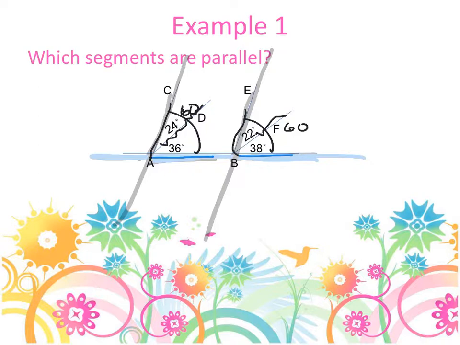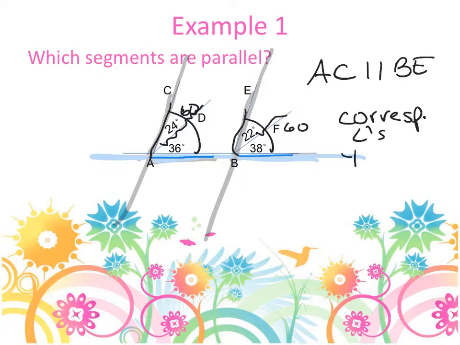So because I can find two corresponding angles that are congruent, I could say that AC is parallel to BE, and my reason would be the corresponding angles theorem converse. You got to have the word converse in here. I can prove the lines parallel because I found a pair of corresponding angles that were congruent.